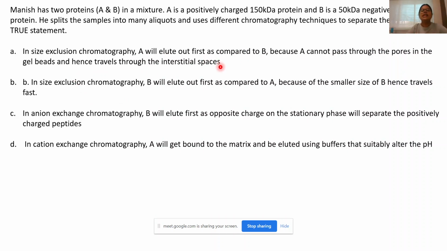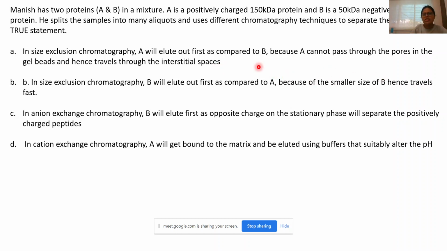In size exclusion chromatography, the separation is based upon the molecular weight. Now, generally, you will think that lower molecular weight will elute out first because it is small, so it can travel faster. But it is reverse in case of size exclusion chromatography.